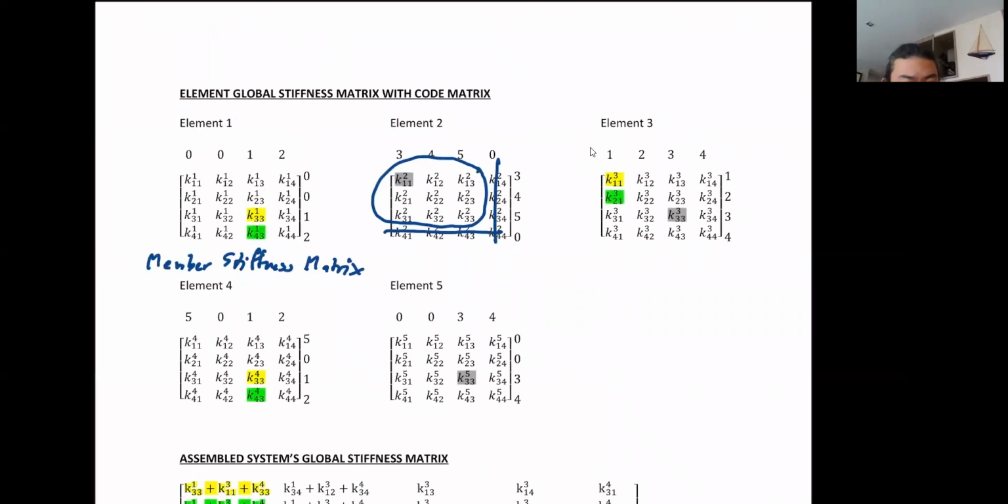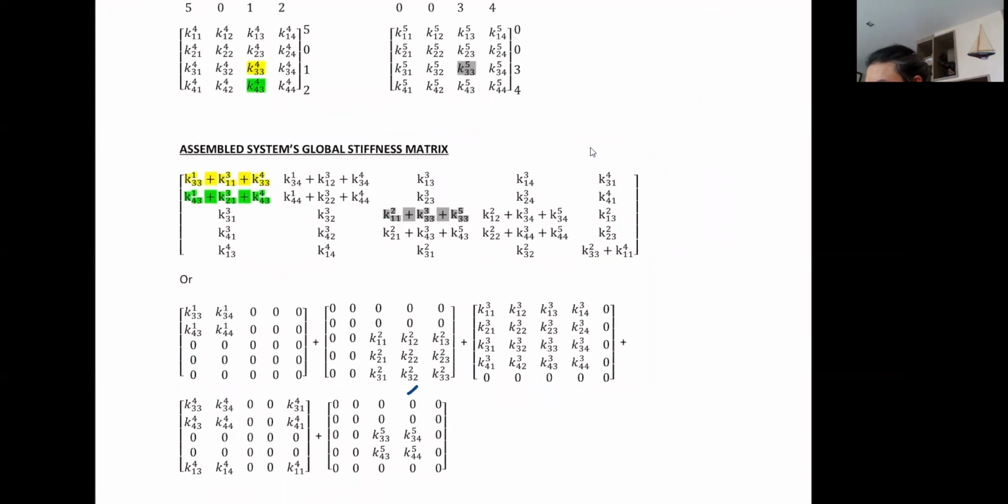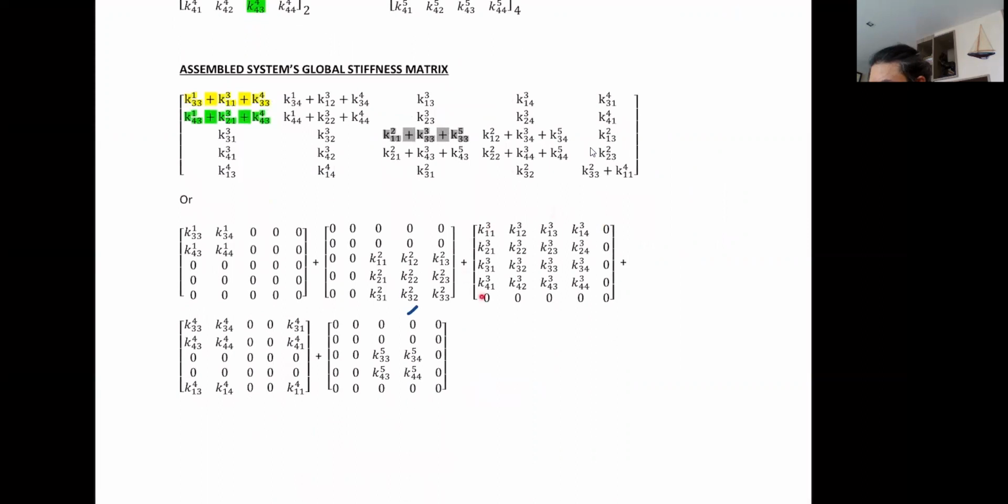But remember, this is a member matrix, so it's a 4 by 4, but the global stiffness matrix of the entire structure is a 5 by 5. So this will come in a shape like that. 1, 2, 3, 4, they all come, but the matrix of the structure is 5 by 5, so we still have 0.